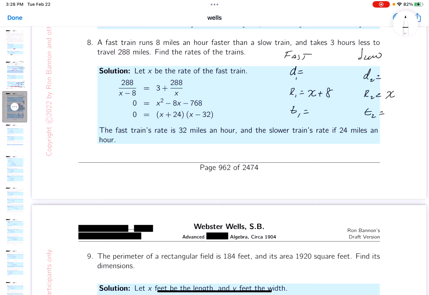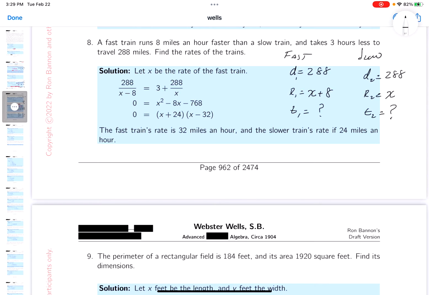And it says, and takes 3 hours less to travel 288 miles. Well, let me write this down. And I got to be honest with you, they're really talking about time. All right? Their times are not the same, by the way. Let me write down what they're saying, though.